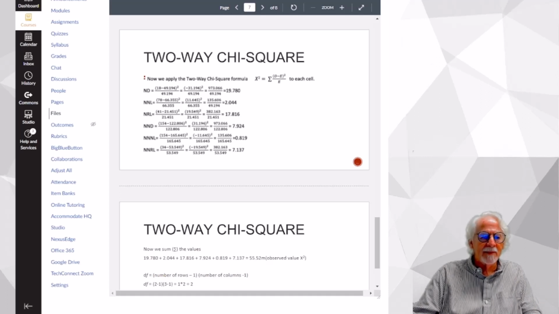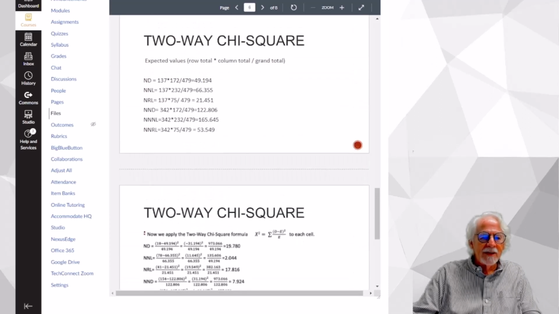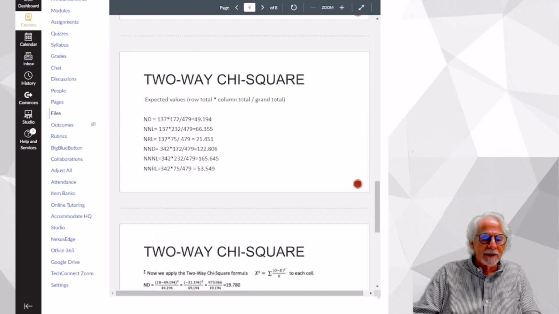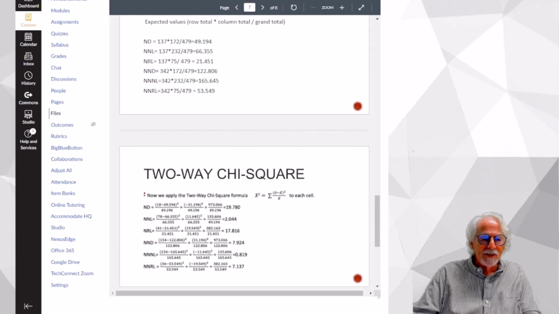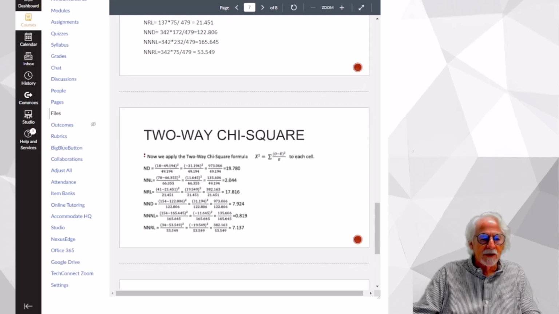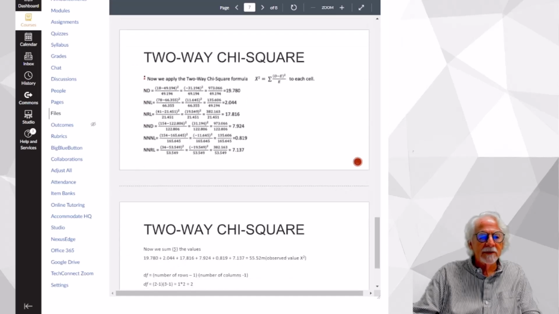So 6 times I had to do the same thing, the observed value minus the expected value, right? And those expected values change for every category. So that's where you have to switch.